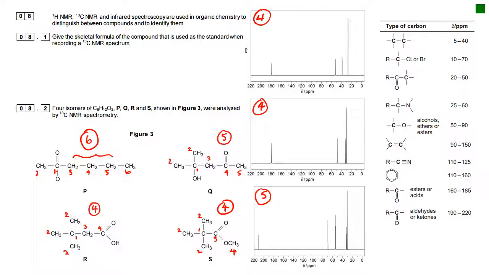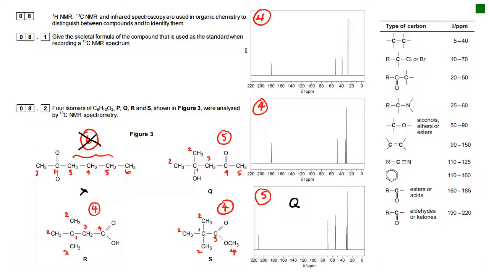Then we can say that P, because we don't have a spectrum of 6 peaks, we don't have any P. We have one spectrum with 5 peaks, so this bottom one must be Q. But we can't tell whether the top one is R or S yet.